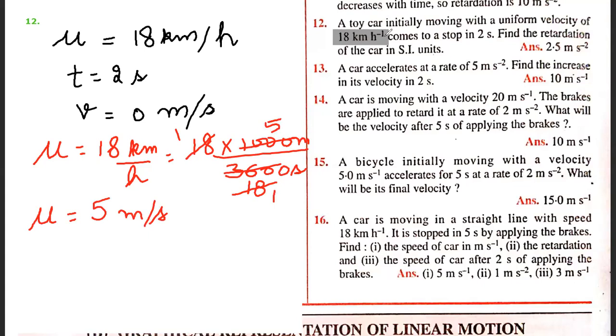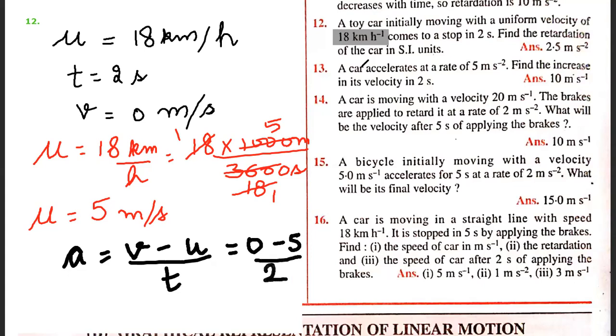Now let us use the formula. What was the formula? The formula was acceleration is equal to v minus u upon t. Now v is 0, u is 5, t is 2. Now what is 0 minus 5? 0 minus 5 is minus 5.